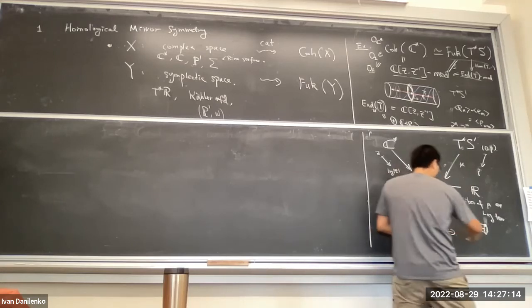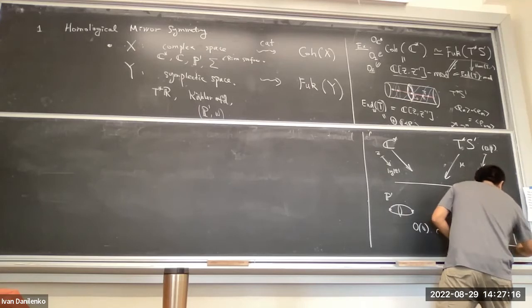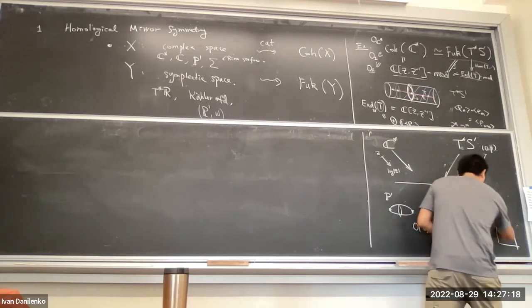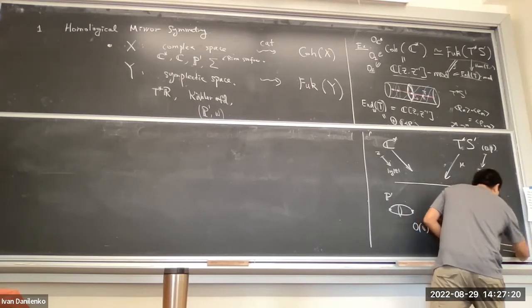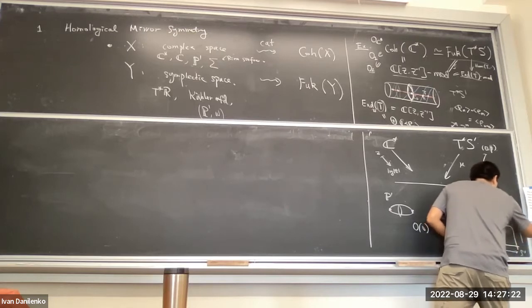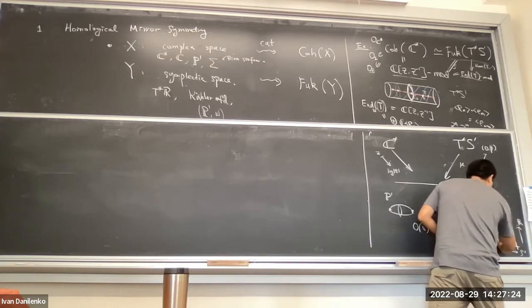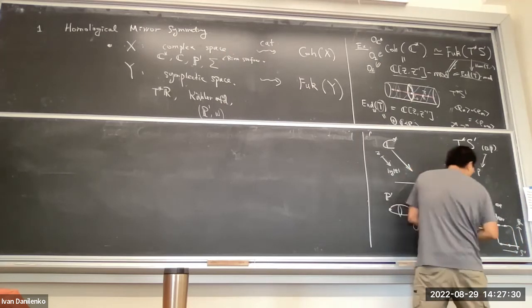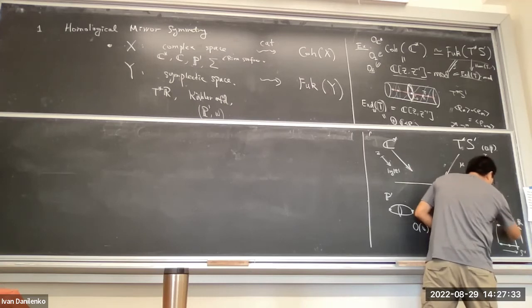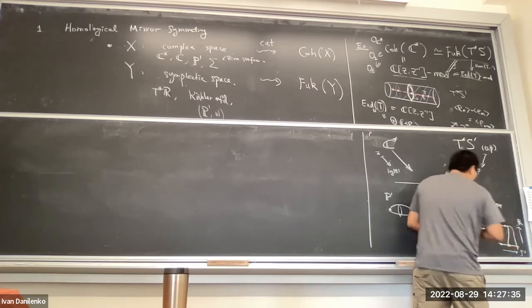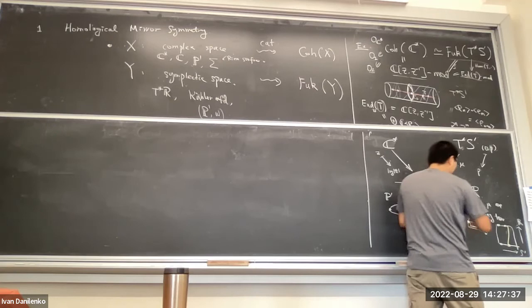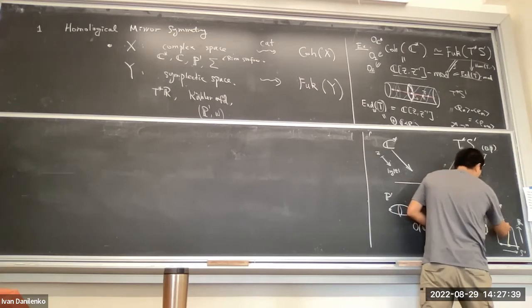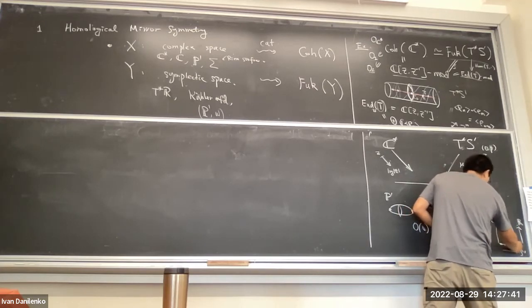Maybe I can draw it this way, and draw it periodically. So here is the X1 direction, here's the R direction. And I'm drawing things vertically, like a graph over the X1 direction. And then the flow on the boundary will be this way and this way.